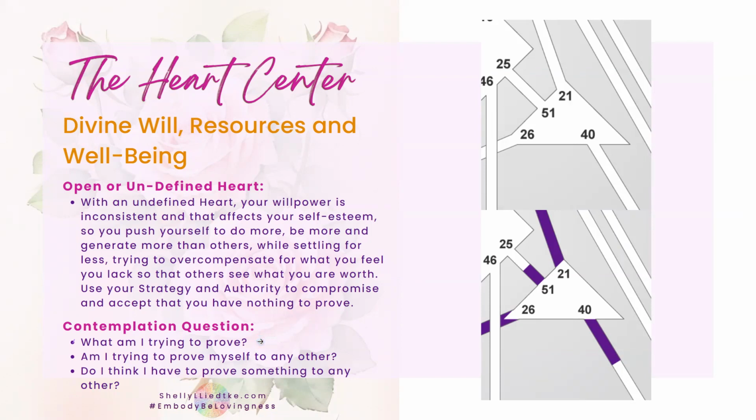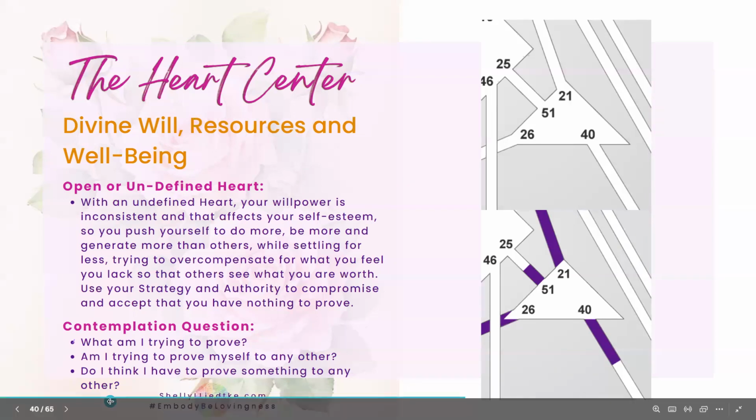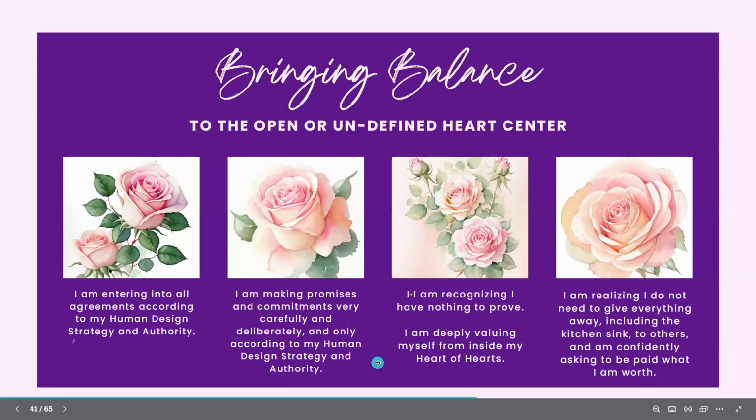Like, are you trying to prove yourself to other people? And do I think I have to prove something to any other people? To bring balance to the heart center that is open or undefined: I am entering into all agreements according to my human design strategy and authority.